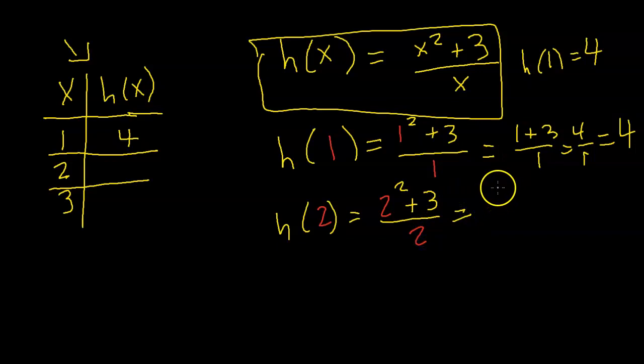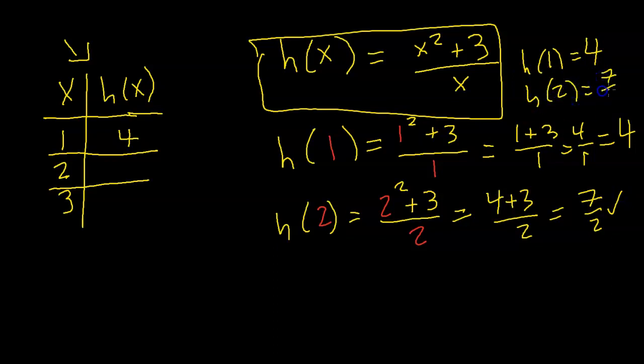That means that 2 squared is 4, so this is going to be 4 plus 3 divided by 2, which is going to be 7 over 2. And that's fine. You can definitely have a fraction as an output. So that means that h of 2 equals 7 over 2. So we can fill in 7 over 2 over here.